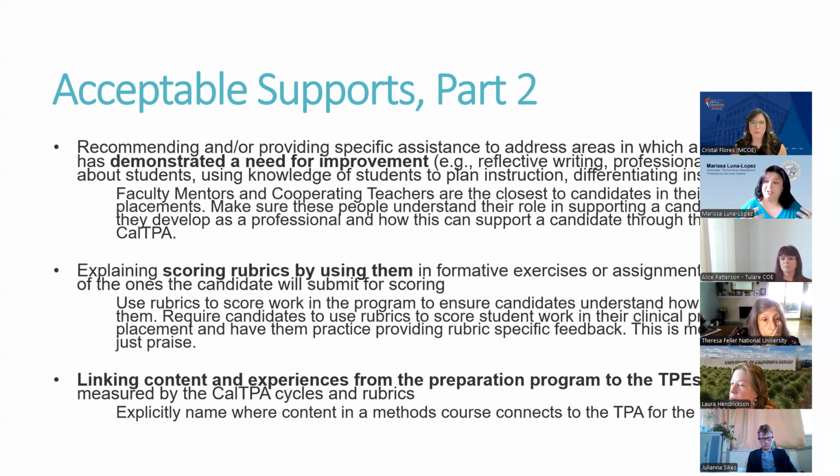People oftentimes can talk a good game when they show up to class about all the things that they would do, could do, have done, but not necessarily are able to implement. That's why these folks that see the candidates in the field are the closest to them and can give them the best support, and often have a lot of that trust built already, where they can have these conversations collaboratively to support folks.